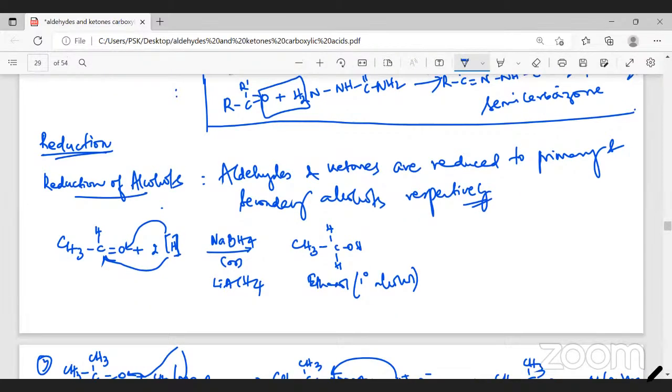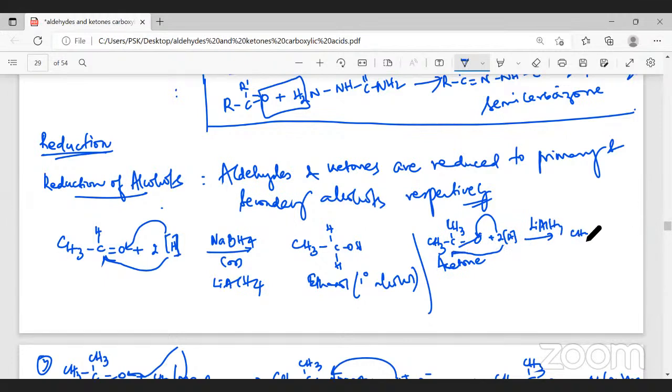This is ethanol. This ethanol is a primary alcohol. Now, similarly, if we perform the reaction with a ketone, if you take acetone, this is acetone. Now, when you reduce this using lithium aluminum hydride, one hydrogen attacks the oxygen, the other hydrogen attacks this carbon.